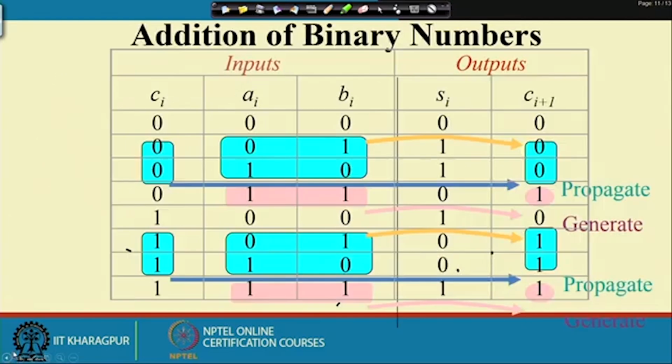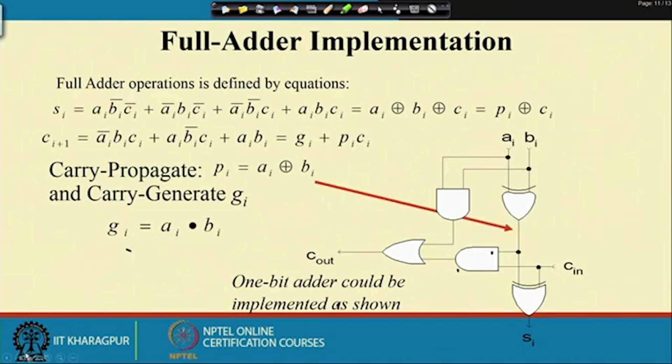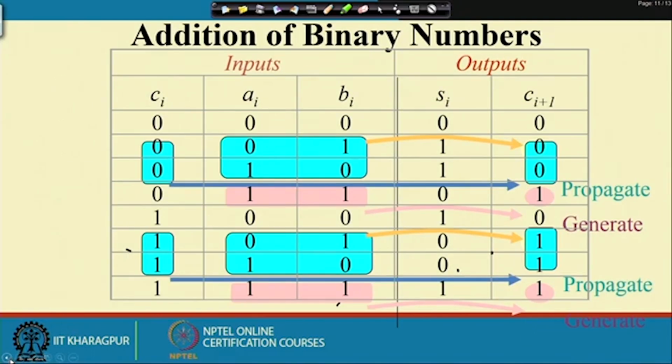If you just go back to the previous slide, whenever this is 0 1 and 1 0, if that carry input bit is 0, so at that time this carry output bit is 0. Whenever this is 0 1 and 1 0, if carry input bit is 1, so at that time carry output bit is 1.